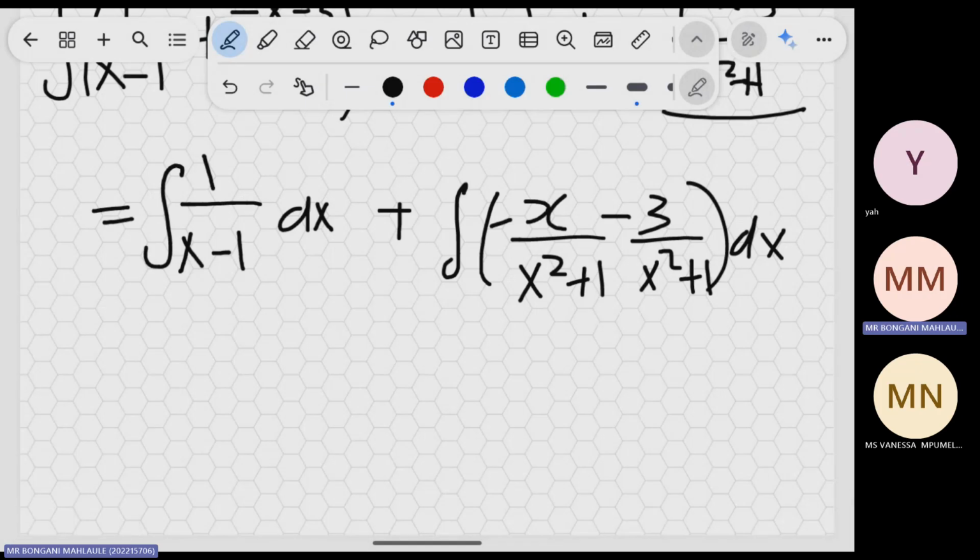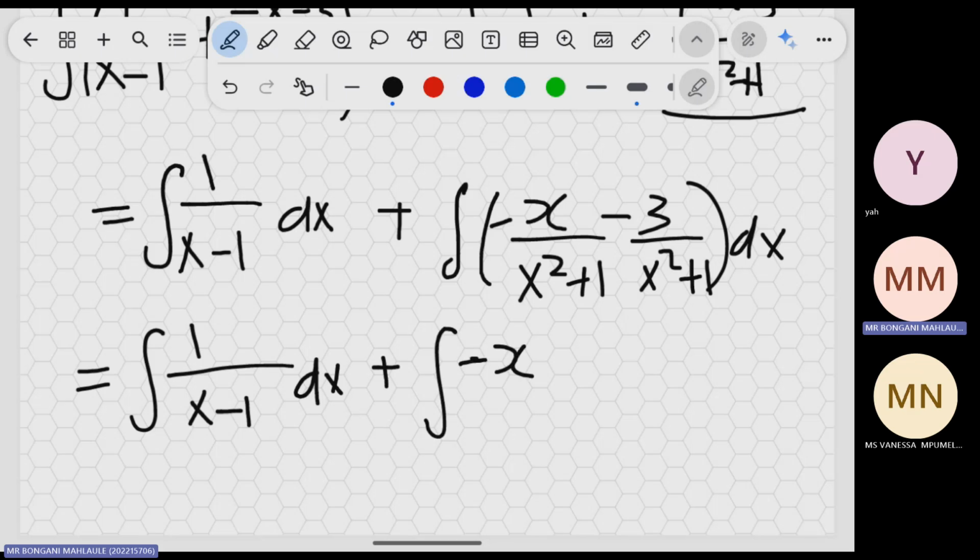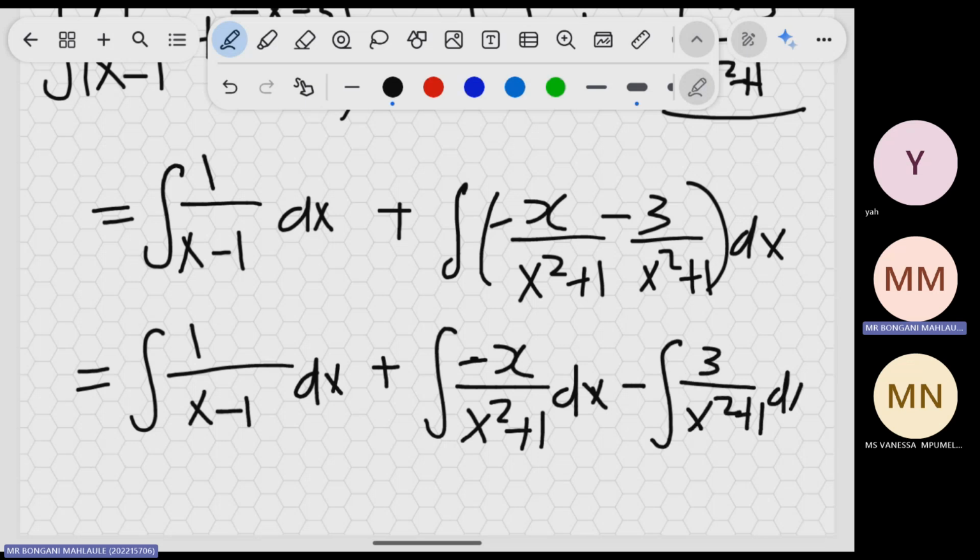So now for this one we already know the answer, but let me not write it. I'm having this minus the integral of 3 over x squared plus 1 dx.